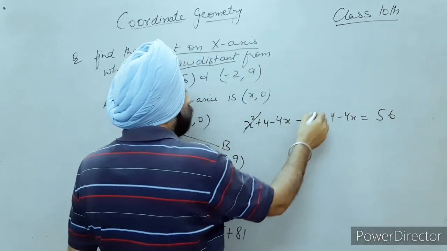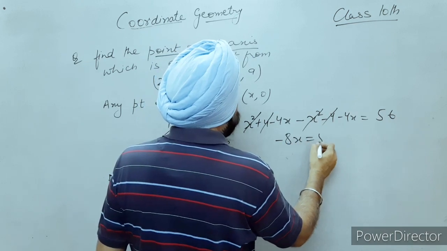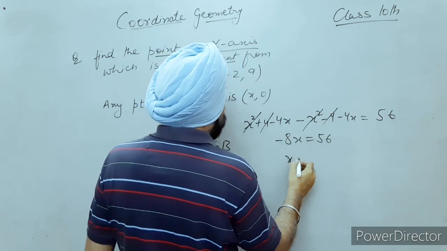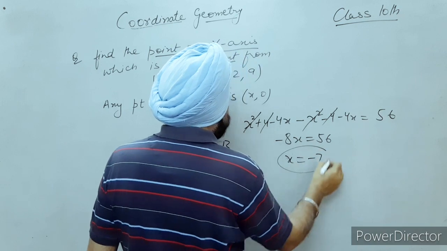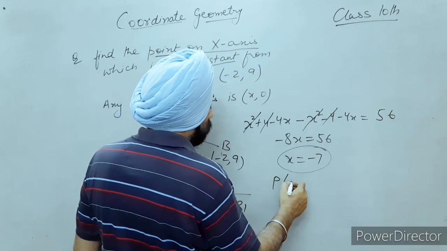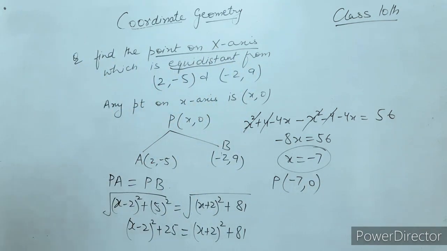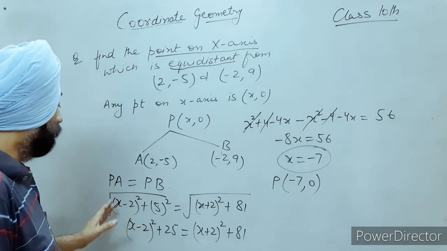Now x square cancels with x square, 4 cancels with 4, giving minus 8x equals 56, or x equals minus 7. So point P is (-7, 0).